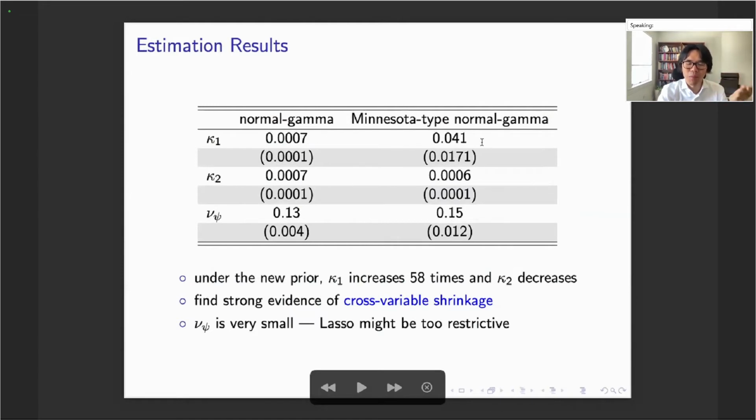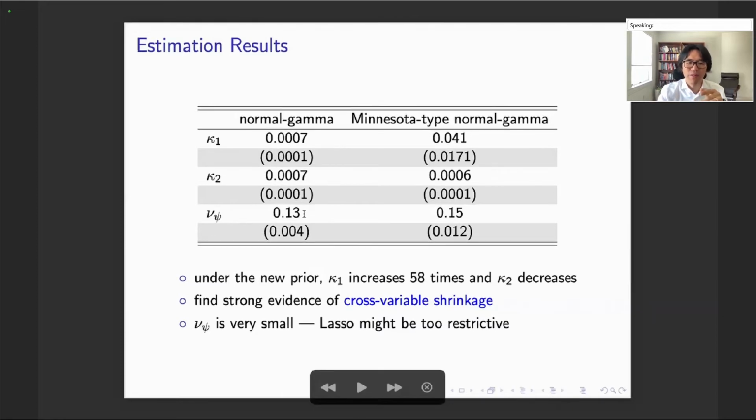But if you allow them to be different, then kappa 1, the shrinkage strength for own lags, increases a lot. So what that means is that you don't shrink own lags as heavily, as aggressively as the normal-gamma prior. And on the other hand, you shrink coefficients on other lags more aggressively. So it shows that the cross-variable shrinkage feature is relevant here.